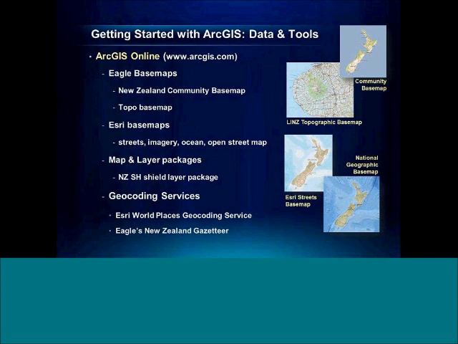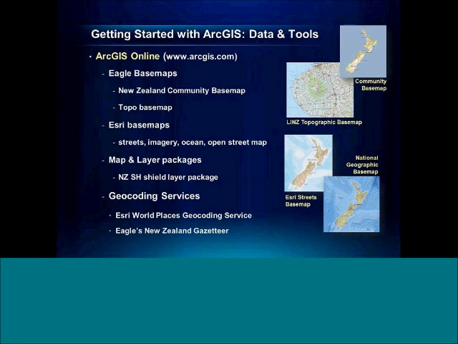If you go to arcgis.com and search for New Zealand Community, you will find our New Zealand Community base map. And this is a reference base map, which is hosted in our Eagle Cloud, which is free for users to connect to and use in desktop. And it also includes some help documentation for anyone that isn't familiar to connecting to services. This is a good resource that takes you step by step through how to connect to and start consuming these services.